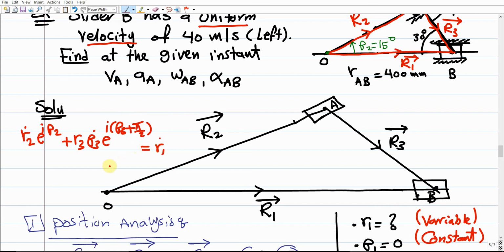This was equation 2 for the velocity analysis, and from this equation we're gonna come up with the directions of the different components. Starting with the first term, R2 dot e^(i theta 2).